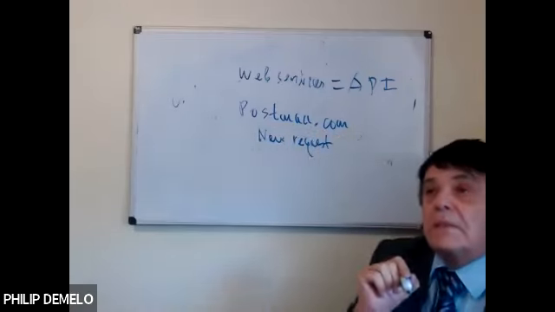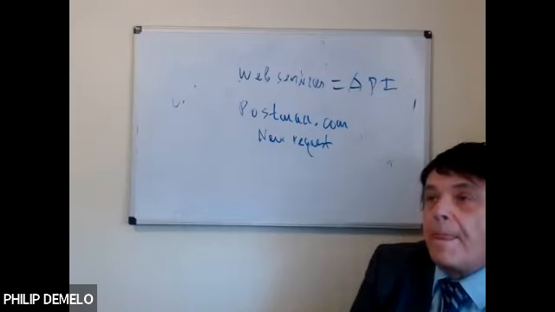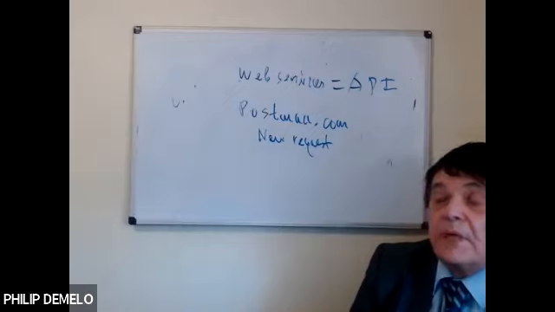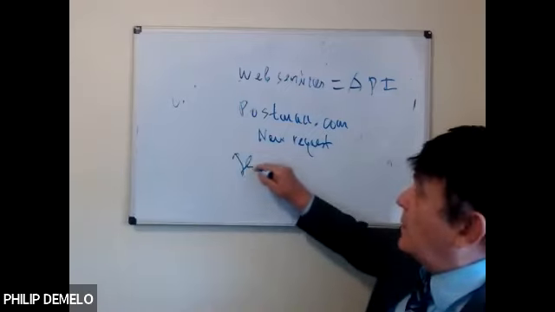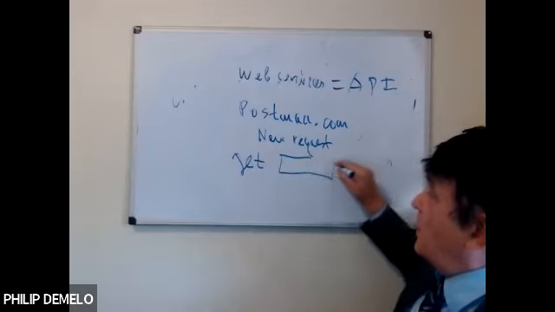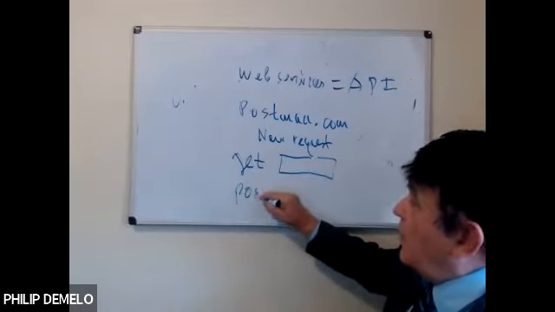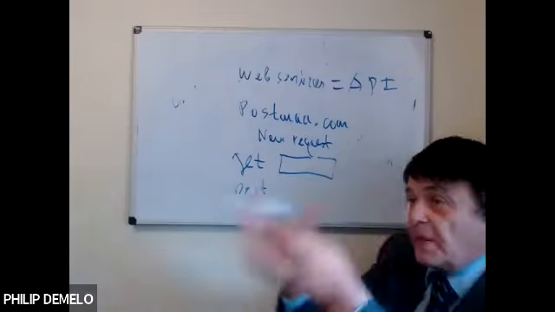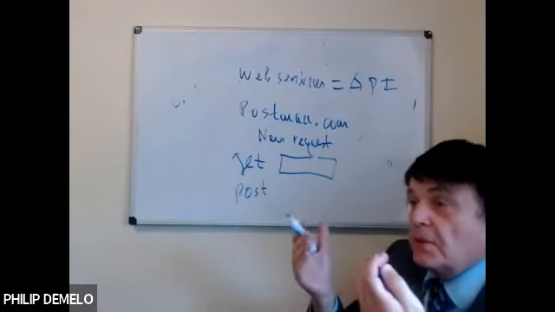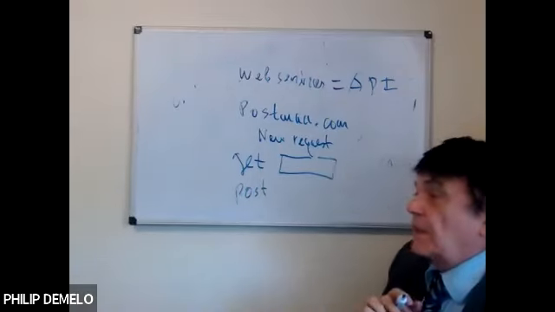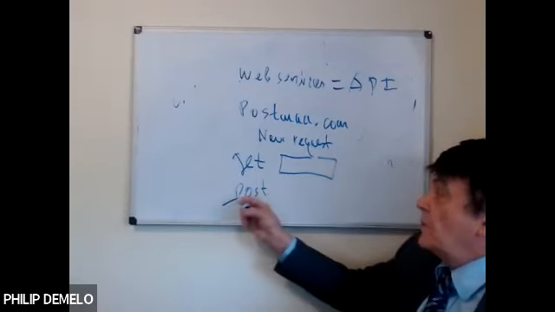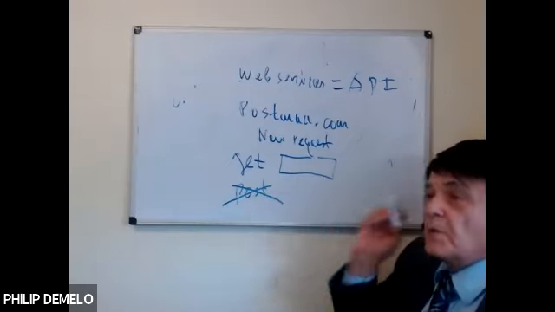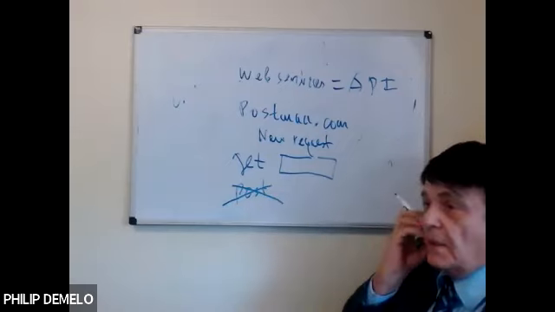In new request, you build, for example, a GET, and here is POST. Post is to send the data. Get is to receive the data. It's like HTTP. So don't do any post now because we will discuss it later.